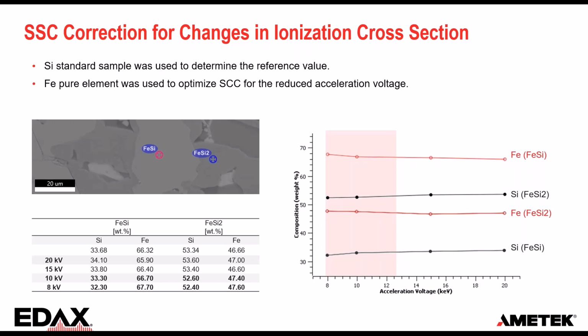And when I then want to quantify, I just load the respective correction that I saved. And when I then perform standardless non-normalized quantification with the respective SCCs, the iron and silicon compositions are stabilized down to much lower kV. That's what you can see in the table in bold, or on the right-hand side in the diagram, that the lines are now flattened out.